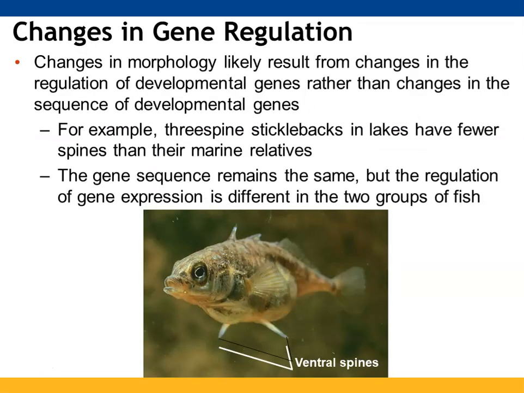It's thought, however, that these morphological changes are probably not due as much to the sequence, but to the regulation of the genes. So here you have a fish, the three-spined stickleback. In lakes, it has fewer spines than the marine relatives of this fish. The gene sequence is exactly the same, but the regulation of the gene differs.